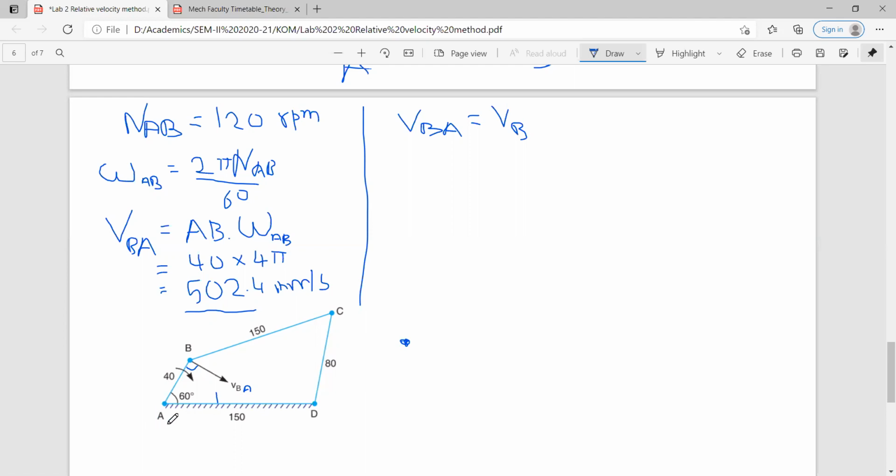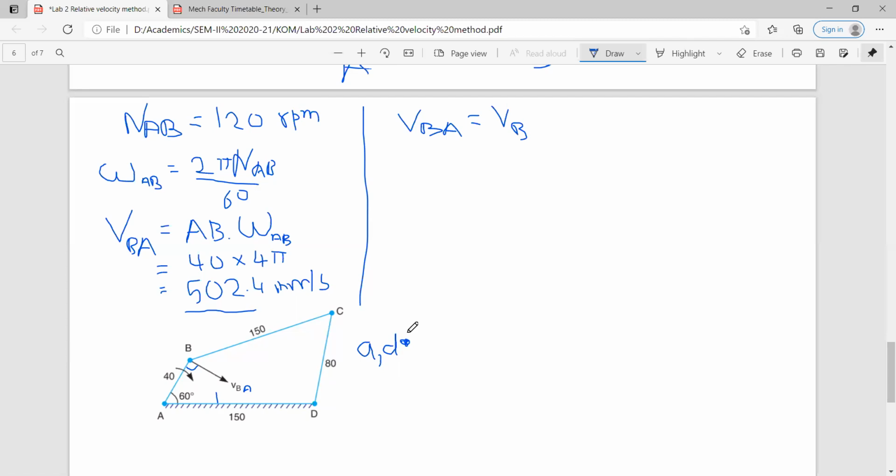Which are the fixed points? Point A and point D. So you remember that every fixed point is at the same point. Okay, so fixed point is point A first, and point D will be there only here because point D is also a fixed point. So I will mark it with small d. Got it?